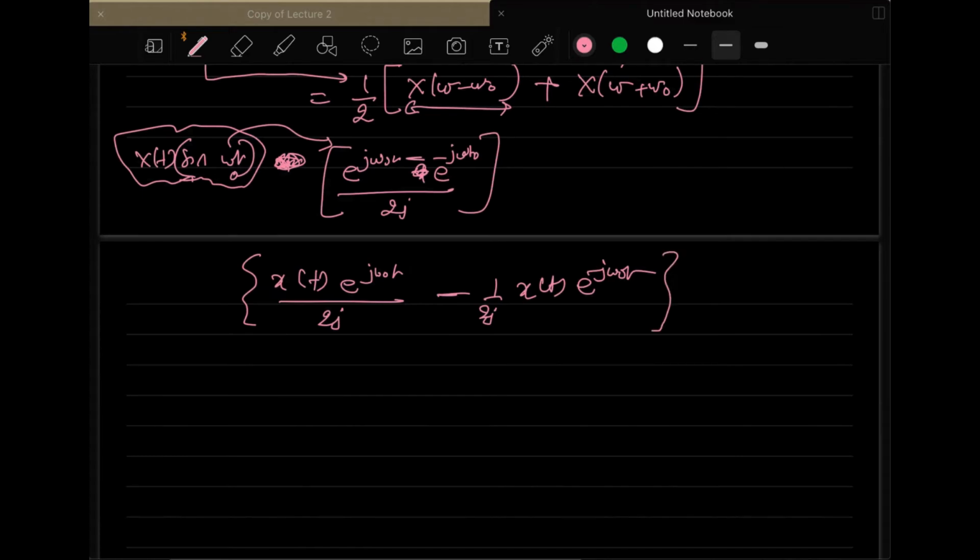The only thing that you have to tackle now is this factor j. So 1 by j can be represented as e to the power minus j pi by 2, and minus 1 by j can be represented as e to the power j pi by 2.